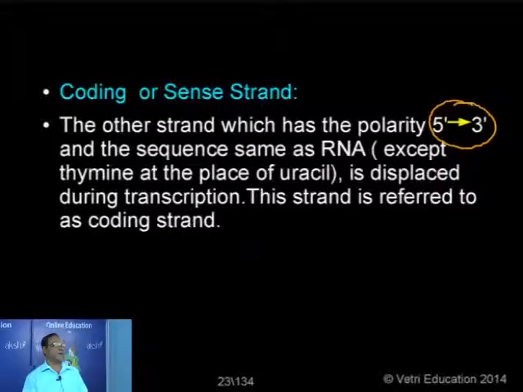That is different from the template strand, because the two strands are anti-parallel. The sequence of bases in this strand is more or less similar to that of RNA, except that in place of uracil in the case of RNA, we have thymine in DNA. That is the only difference. Otherwise, the components are the same.